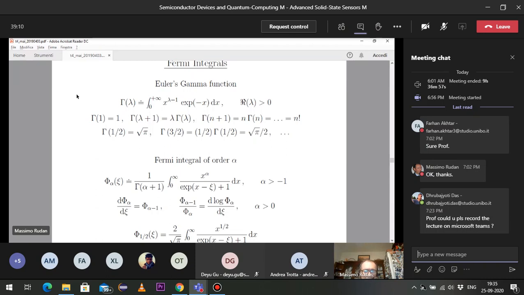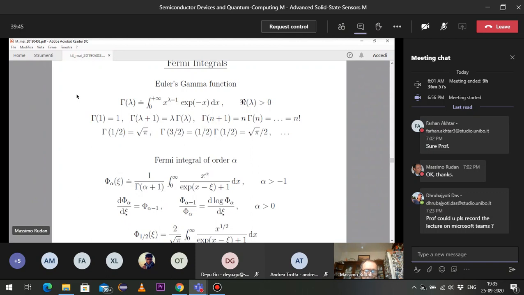Another important set of values of gamma are those for which the argument lambda is a half-integer number, okay? By some manipulation, you can transform the integral, the gamma of 1/2, okay, can be calculated as a Poisson integral. It's something that you should know from calculus, okay? So gamma of 1/2 is the square root of pi.